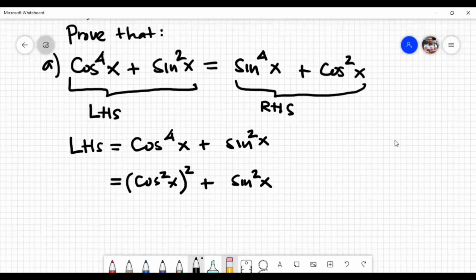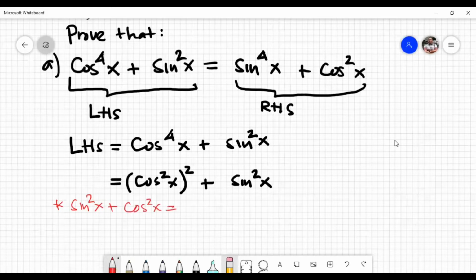Can you follow me? So is it the same, right? Yes, of course, it is the same. Mathematically the same. And then, once again, by recalling that sine square x plus cosine square x equals to 1.